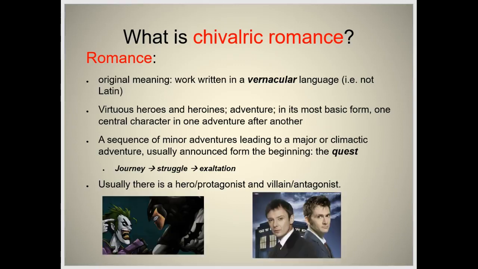We have other examples of romance as well that feature a hero against villain, and here in both cases we have examples of a character in one adventure after another, representing certain virtues or ideals of the society that produces that, in going on journeys, having struggles, and sometimes having climactic battles with the main bad guy, and then being in some way recognized for it sometimes, but then sometimes you just hit the reset button, don't you?